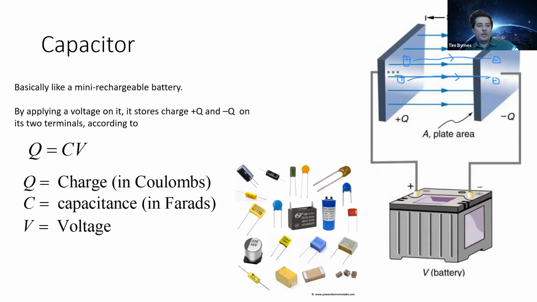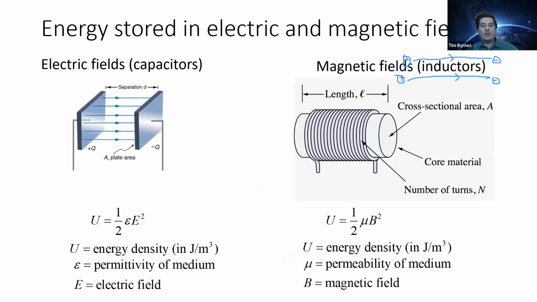Okay, so the way that the energy is actually stored is, a capacitor and an inductor are quite similar devices in a way, even though they don't look very similar. But basically, one is storing energy inside the electric field.